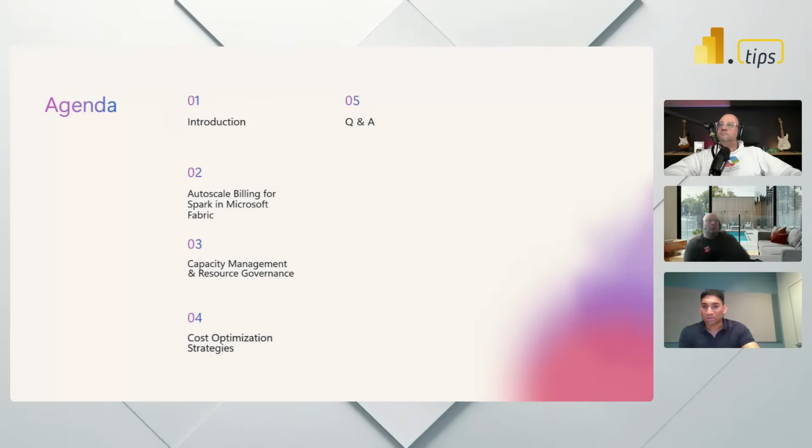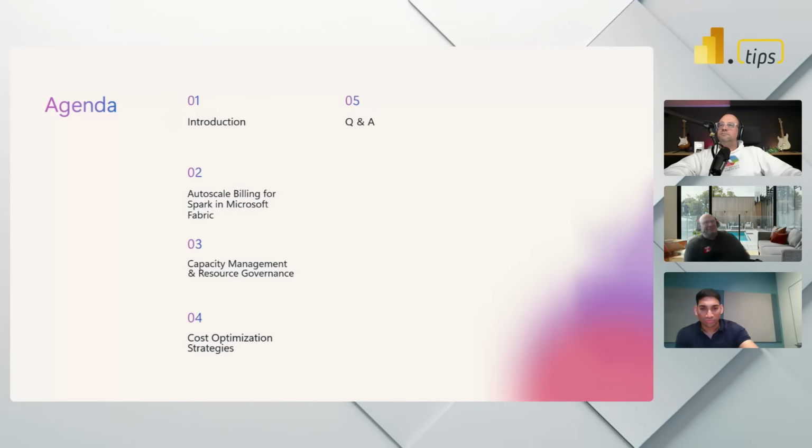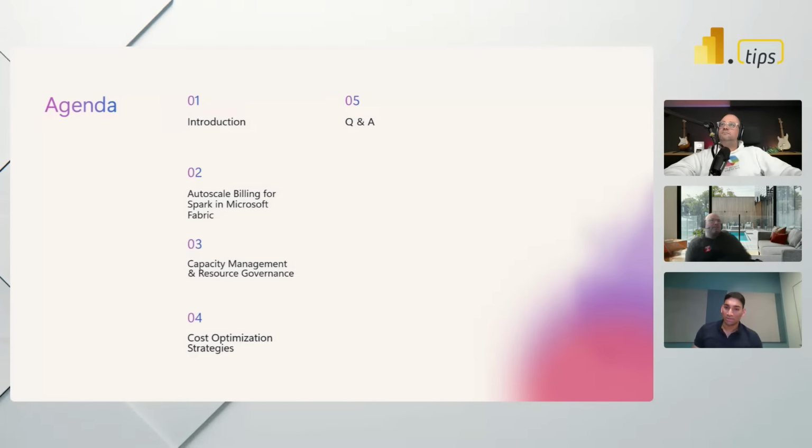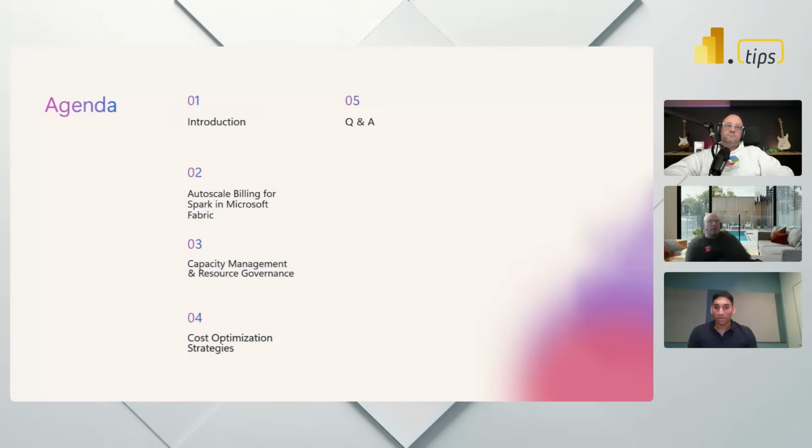Just to go with the agenda before we dive into the feature, we would want to spend most of the time discussing the new serverless billing option. That's the Autoscale billing for Spark. This was announced at FabCon Vegas 2 weeks ago.